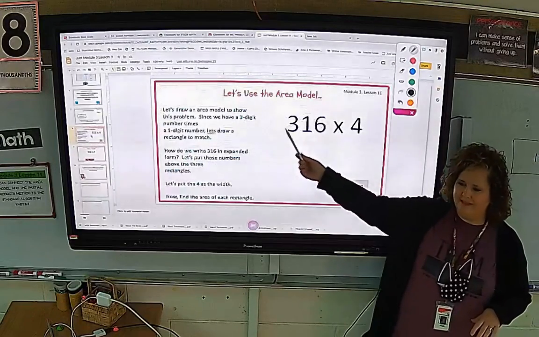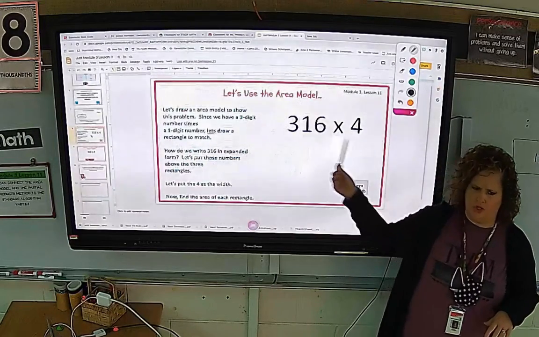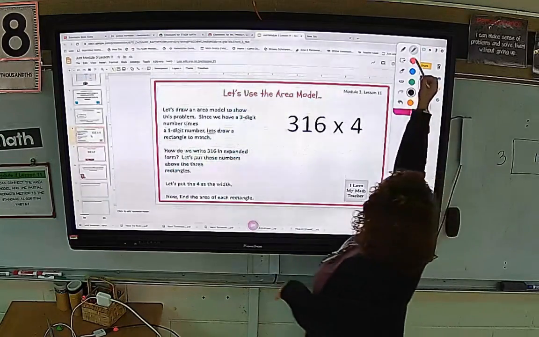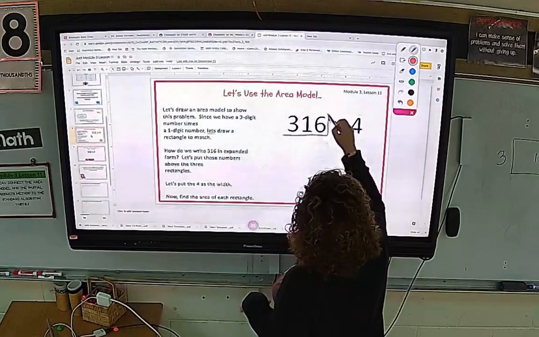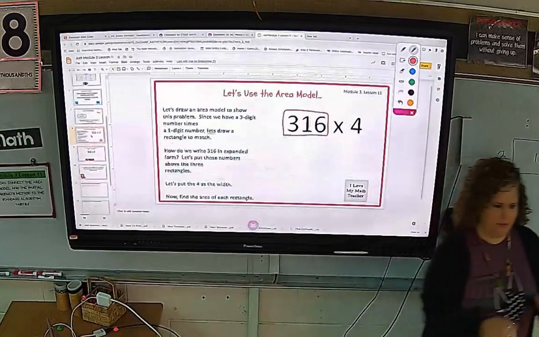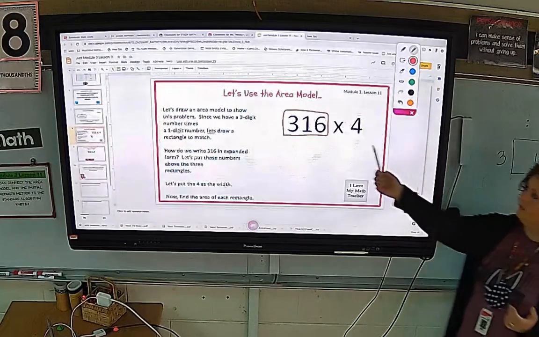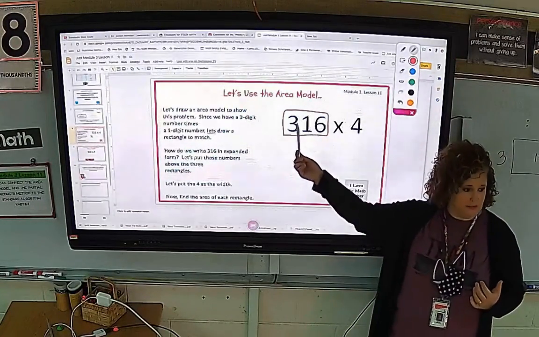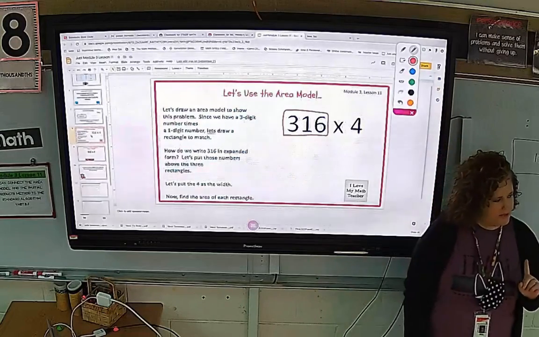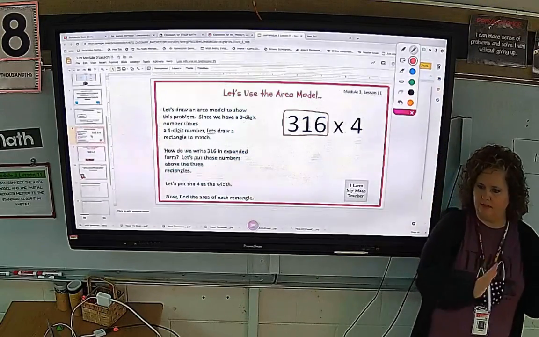We're going to draw that rectangle to show our larger number, okay? How many place value places are there in this number? Yeah, there's just 3. There's the ones place, the tens place, and the hundreds place, right? So we need a rectangle that's going to show each of those places.